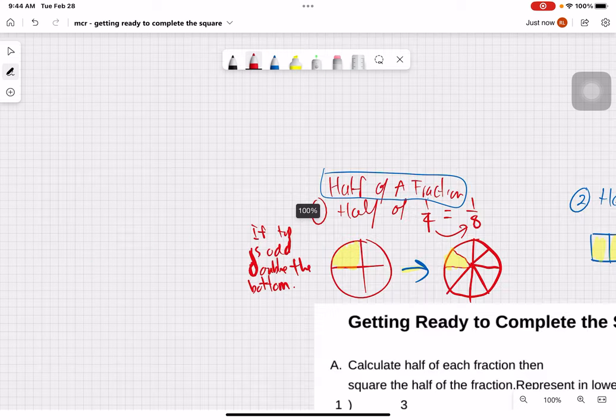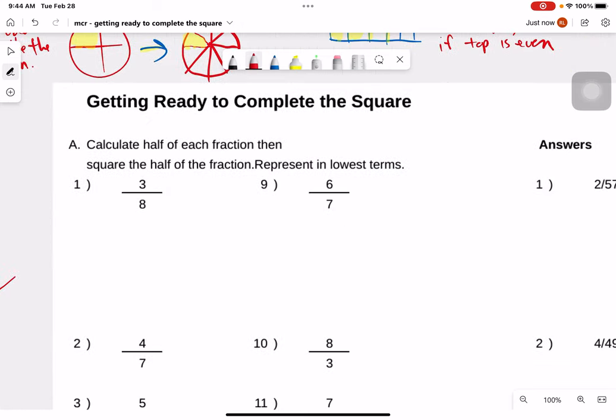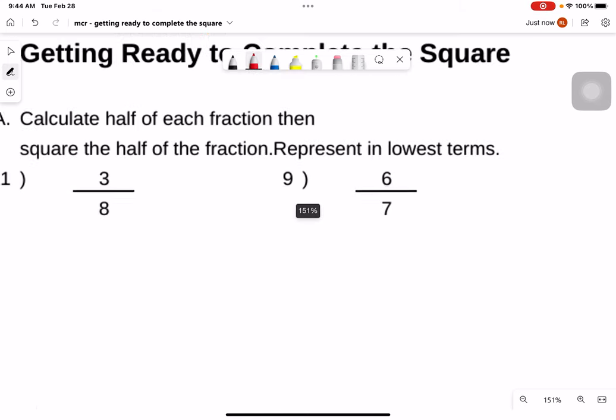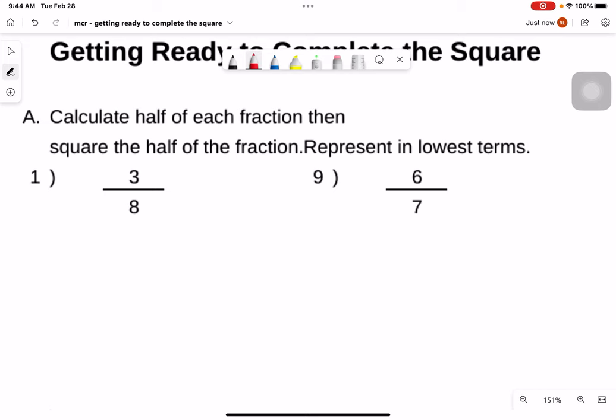Okay, so now let's go through and do a couple examples here. Calculate half of each fraction, then square the half of the fraction. Represent in lowest terms. Okay, so how do we do this? Well, the top is odd for this one, 3/8. That means I double the bottom. I'm going to take 1/2 of 3/8, and keep the top the same.